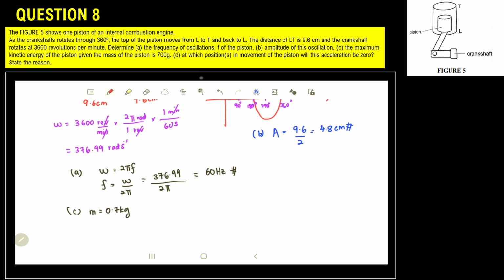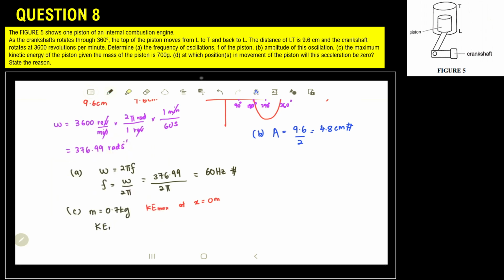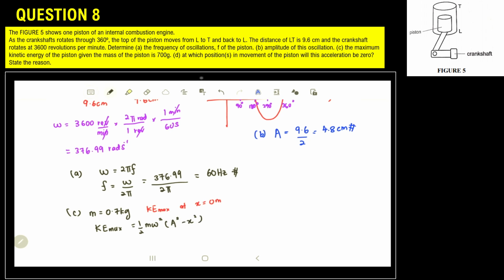Kinetic energy will be maximum when x is equal to 0 meter. Using the equation, K maximum is equal to half m omega squared times a squared minus x squared, where at x equal to 0, kinetic energy is maximum.